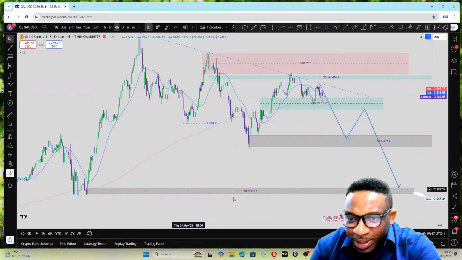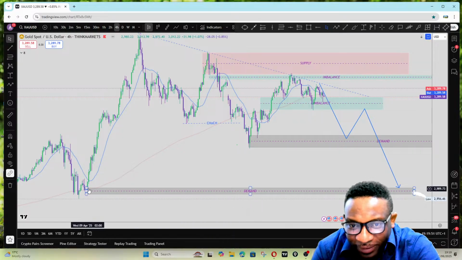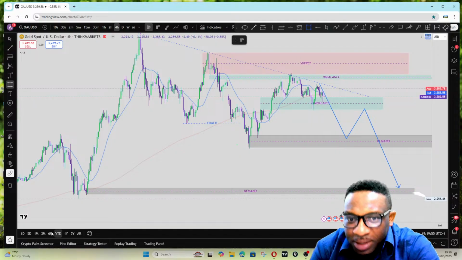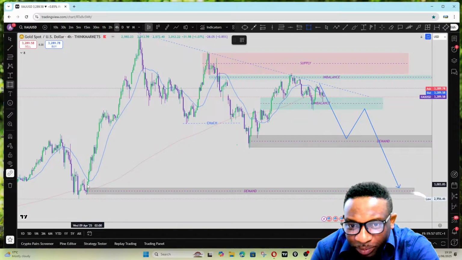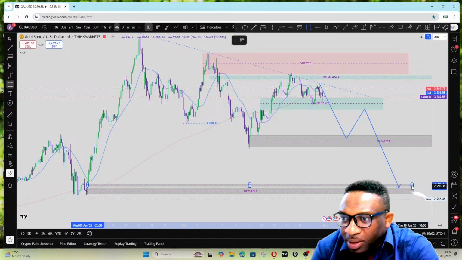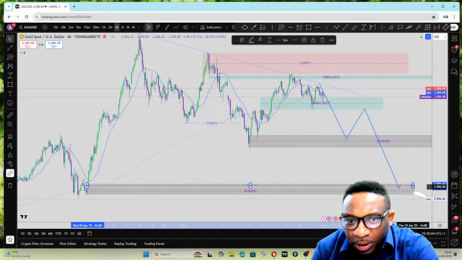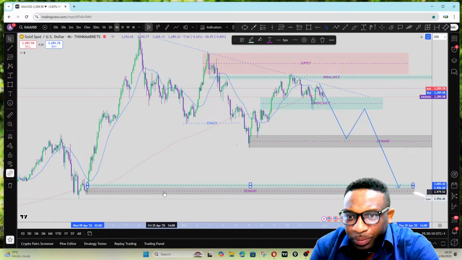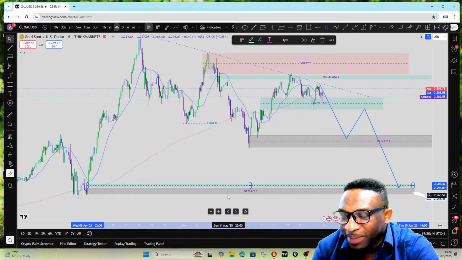So for this demand area to be valid, we also have an imbalance area attached to this or near to this area of demand. That is one here, and there's another one here. So we have this imbalance here, and this area hasn't been tapped into yet.